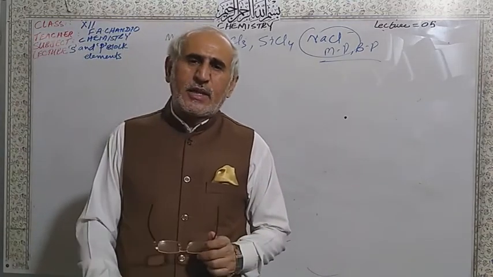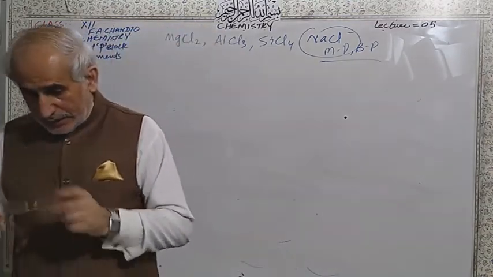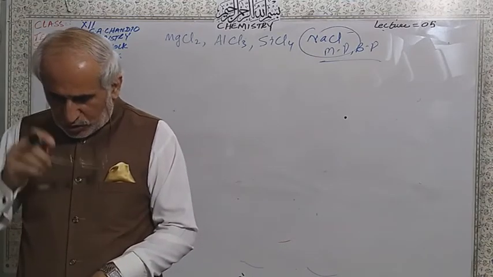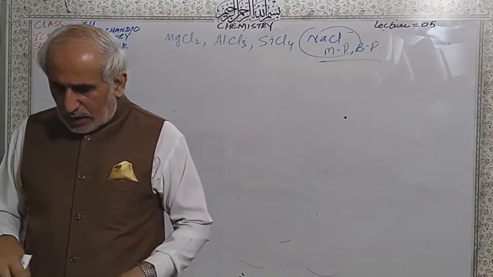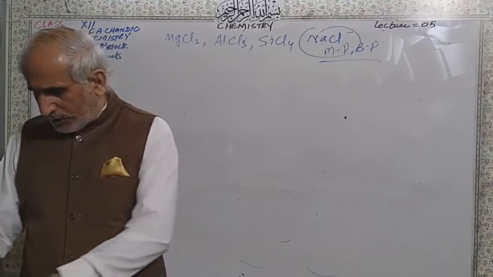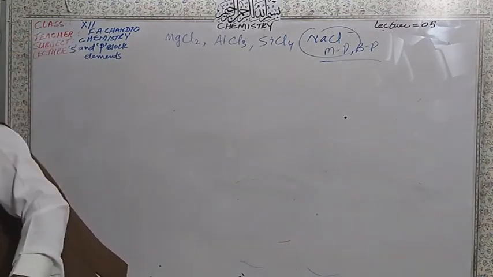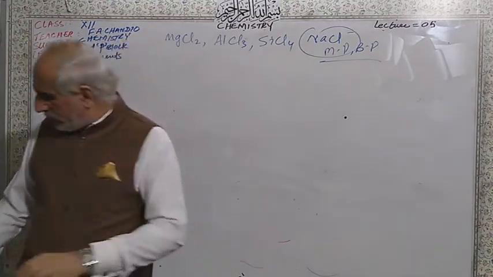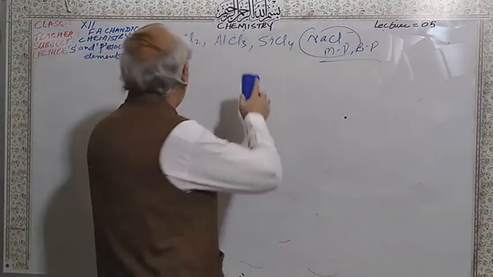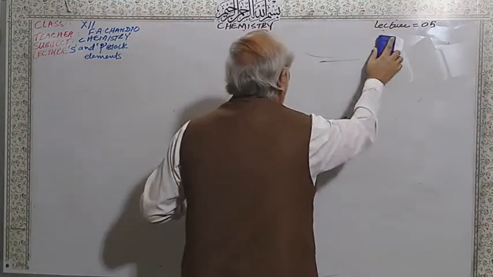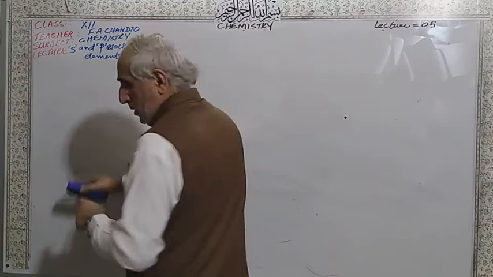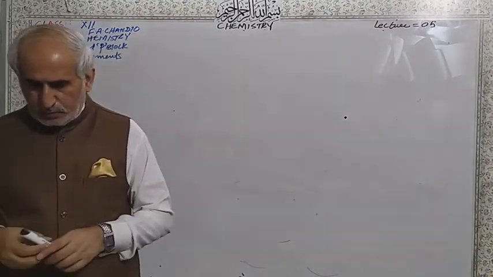Why is aluminum trichloride a non-conductor? Aluminum trichloride is a non-conductor, and we did this topic also, because it does not dissociate, does not give ions in aqueous solution. Molten aluminum chloride is ionized only at increased pressure.